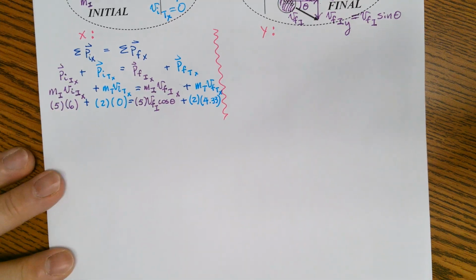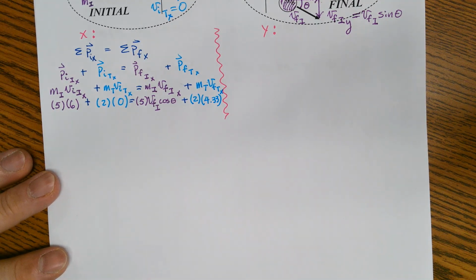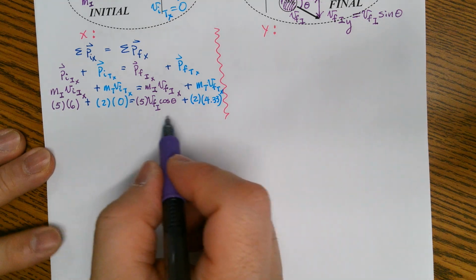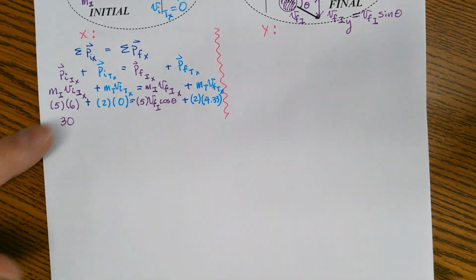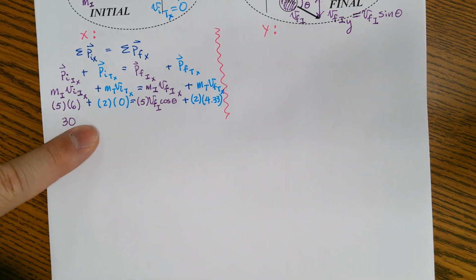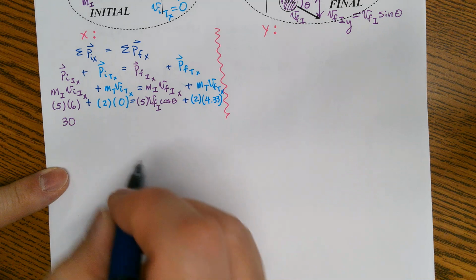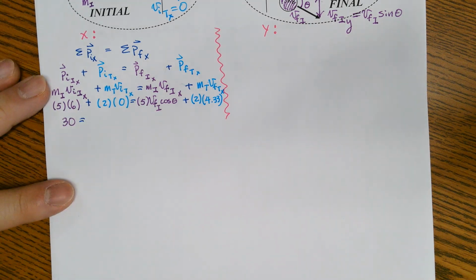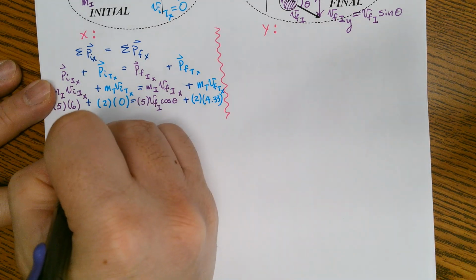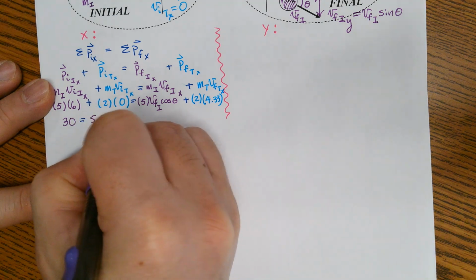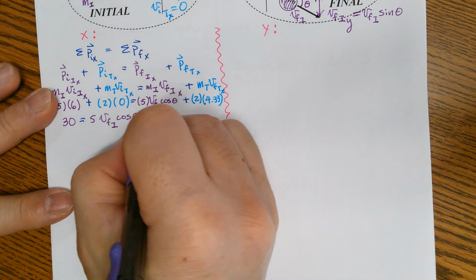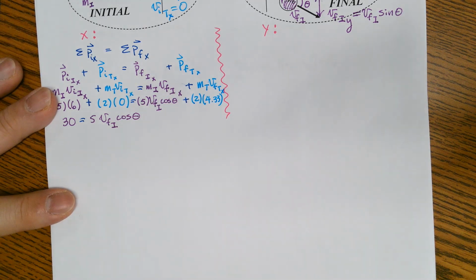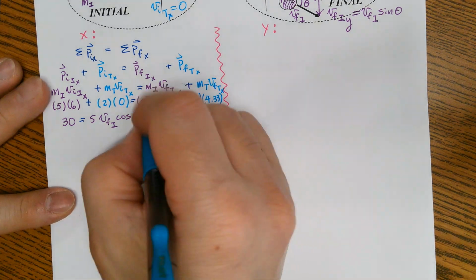Now we have 30 plus 0, which is just 30, equal to 5 V final incident cosine of 30 plus 8.66.